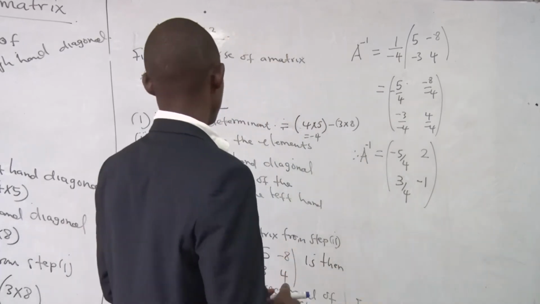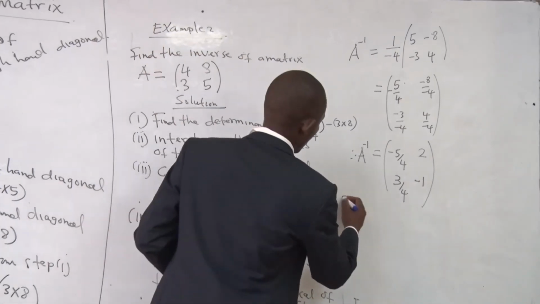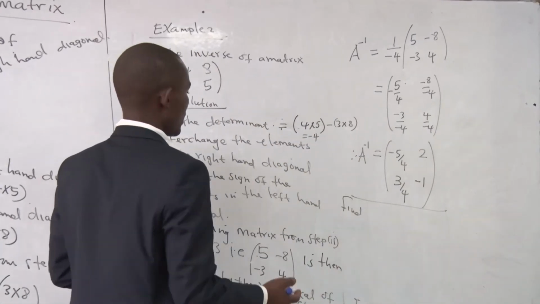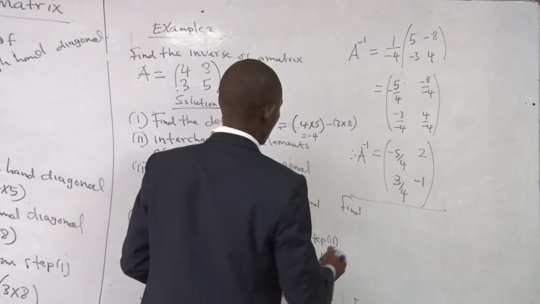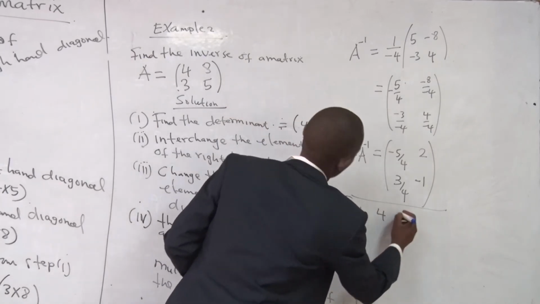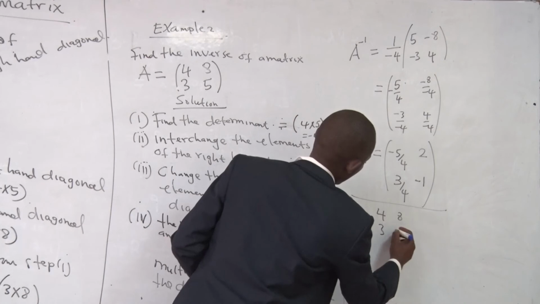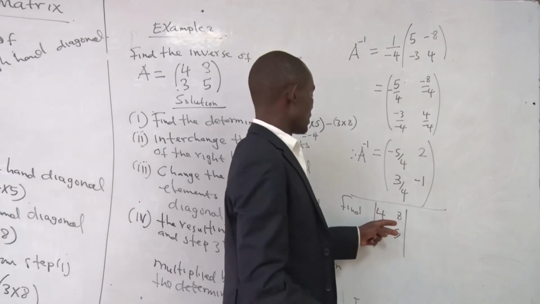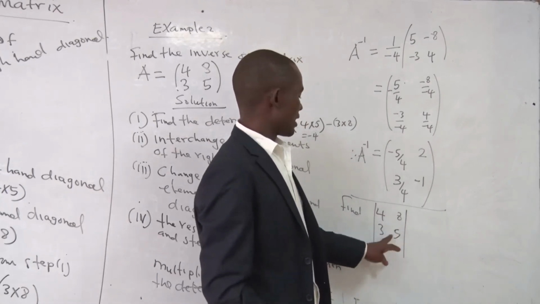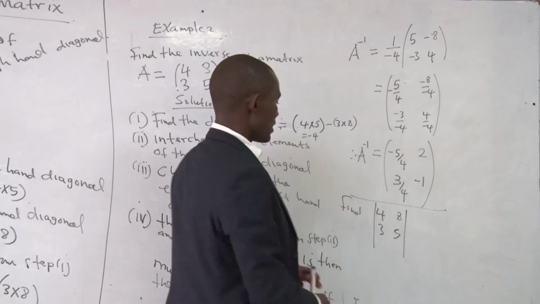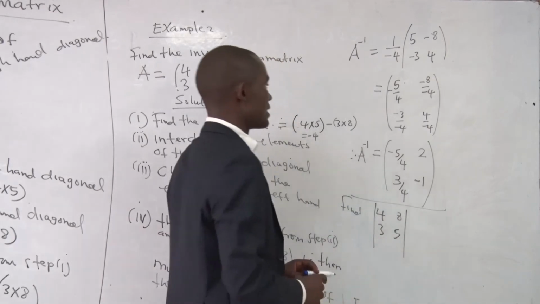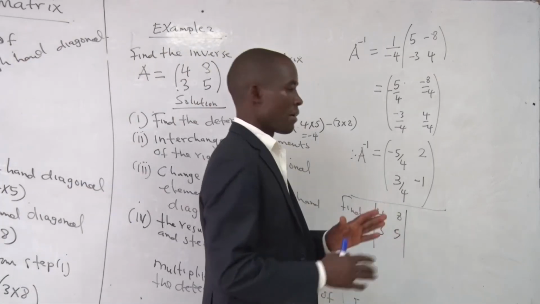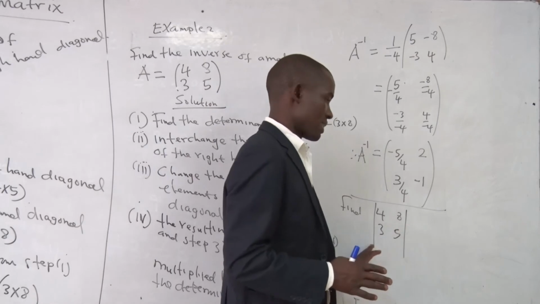One thing I would want to state, as a general statement: if you are told to find the matrix 4, 8, 3, 5 and they put straight bars around it, these straight bars mean you are supposed to get the determinant. Whenever you see straight bars, they mean find the determinant of that matrix.